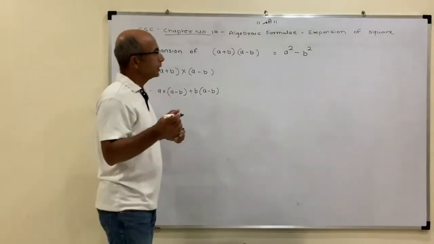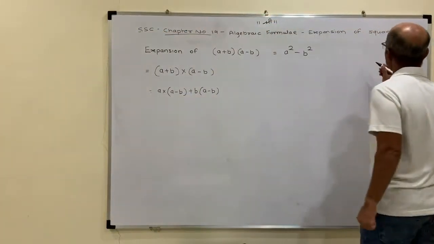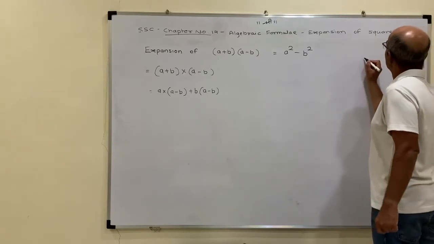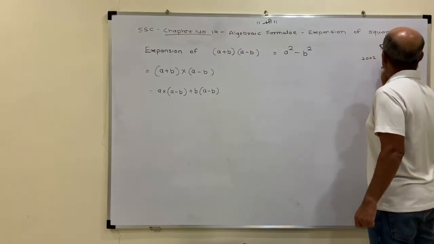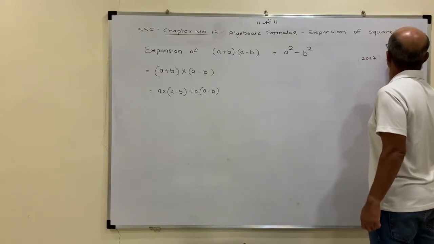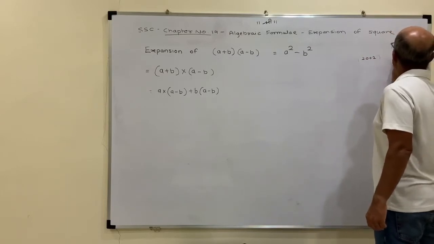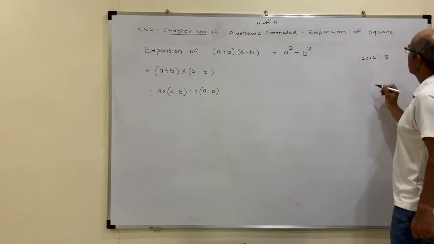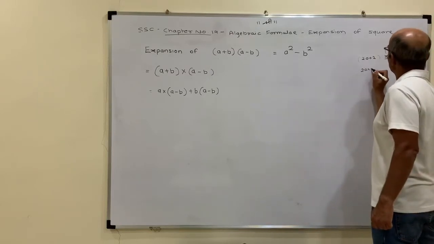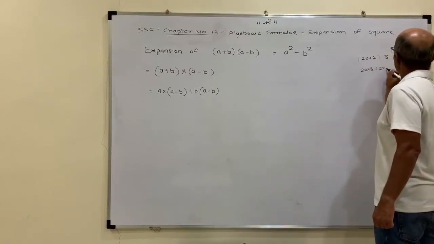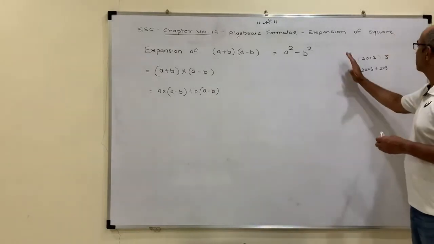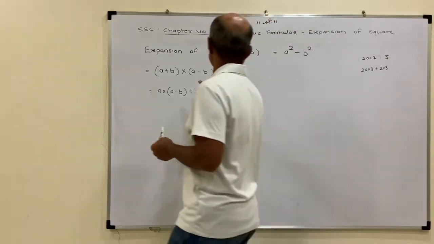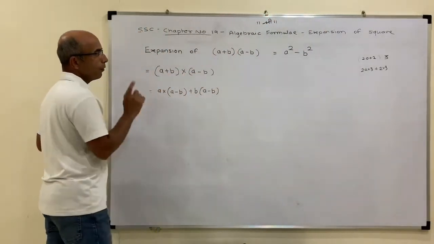Or if you want to see it in a different, easier format, suppose it is (20 plus 2) into 3. So how do you multiply? 20 into 3 plus 2 into 3. That way I am considering (a minus b) as one unit.